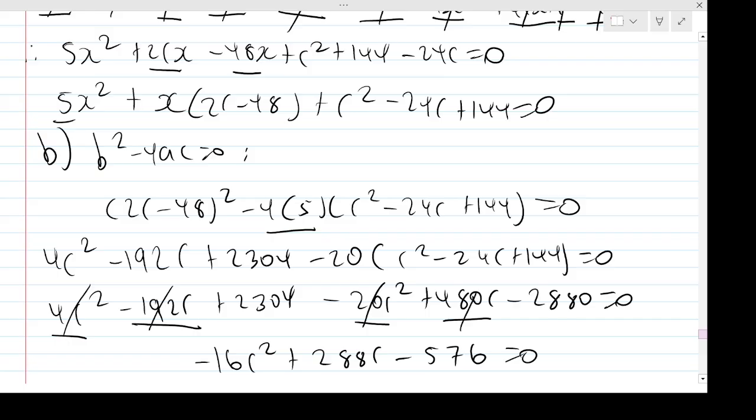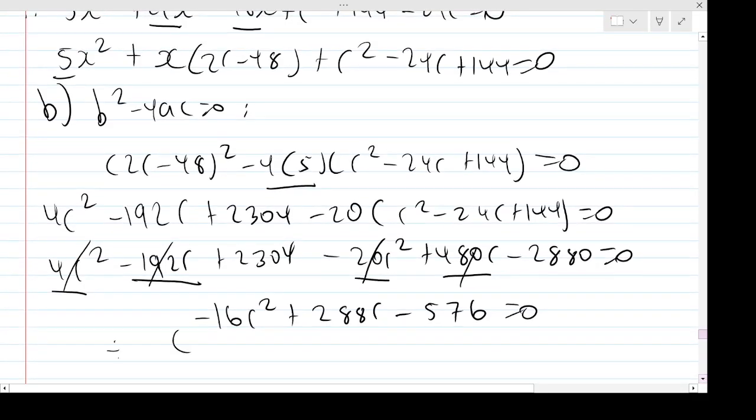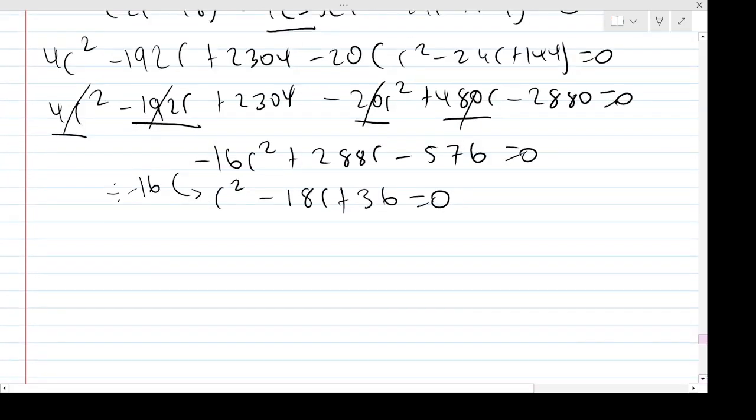Okay. And we can simplify that again. 16 goes into all the terms. So divide by minus 16, we would get r squared. Then 288 divided by minus 16 gets me minus 18r. And then minus 576 divided by minus 16 gets me plus 36 equal to 0. There we are then. Okay, so then I'm going to just solve it by the formula again. So r is going to be, sorry, I jumped the gun there.